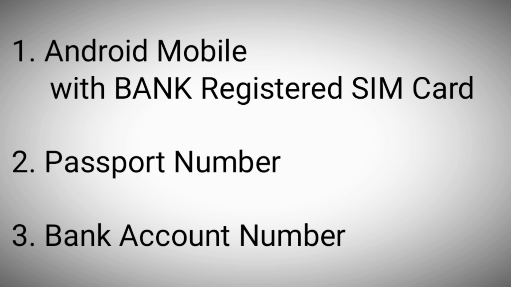If you don't know your bank account number, you have the get started sheet given by the bank. You will find the account number in the bottom left corner, following your name.